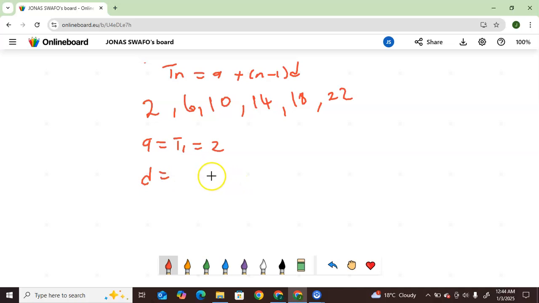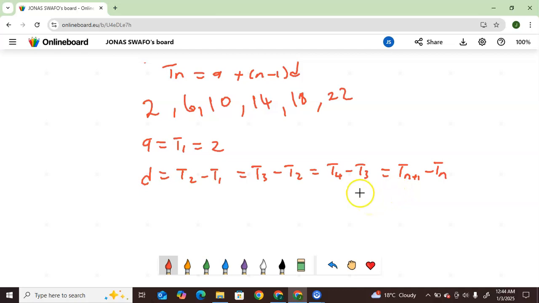The common difference is T2 minus T1, or we can say T3 minus T2, or we can say T4 minus T3. So already from this, you can always see that your D is calculated by Tn plus 1 minus Tn, right?